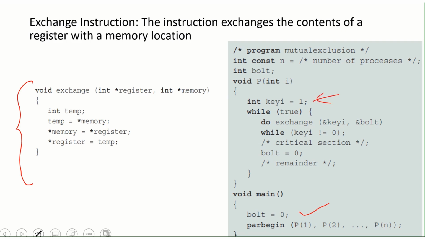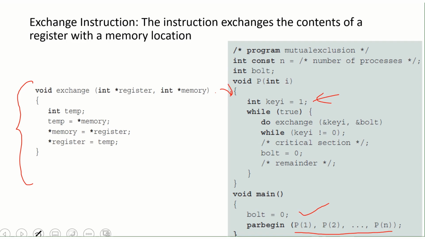The only process that can enter its critical section is the one that finds the variable bolt equal to 0. This is the same as the previous one. One of the processes will find bolt equal to 0, and that process only can enter the critical section. It won't allow the remaining processes to enter their critical sections by setting bolt equal to 1.